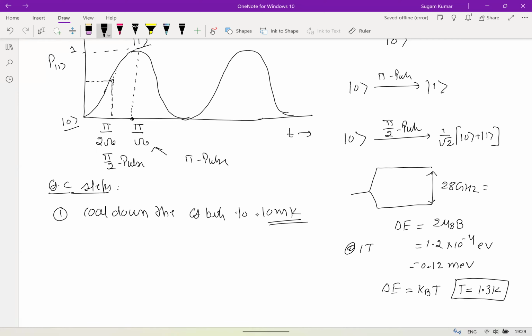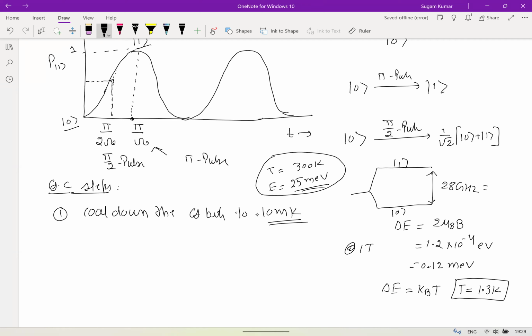Now let us say that you have an electron with these 2 spins, and the temperature is 300 Kelvin. At 300 Kelvin, the energy is how much? 25 milli electron volt, am I right?